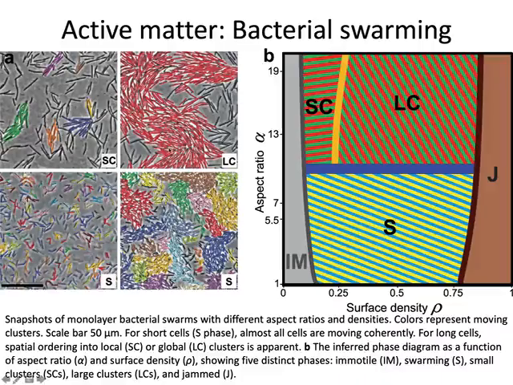and thereby they are creating a whole host of new behaviors. One is called swarming, that they move around as swarms and create patterns that can be discerned. And also here we see that we can characterize them using a phase diagram, in this case using the aspect ratio and the surface density.